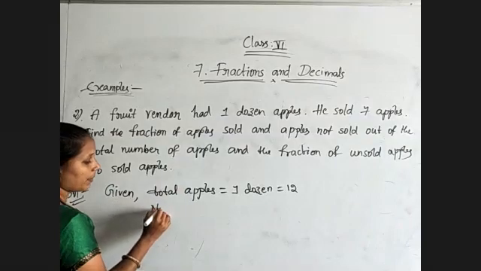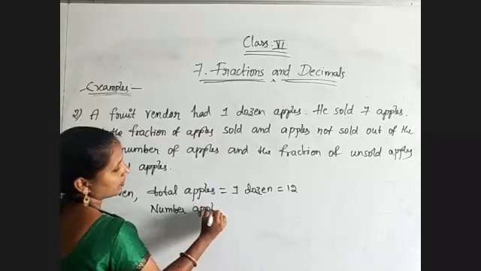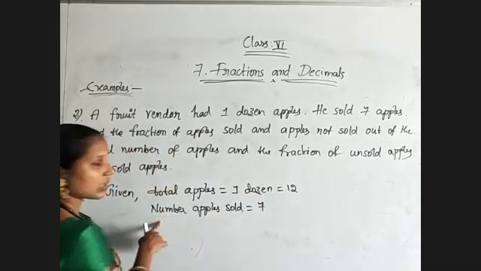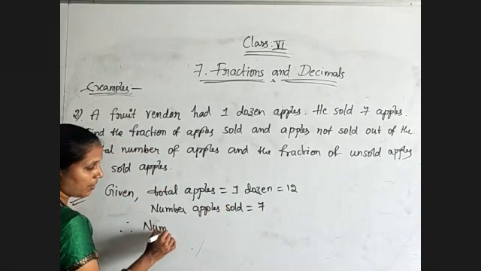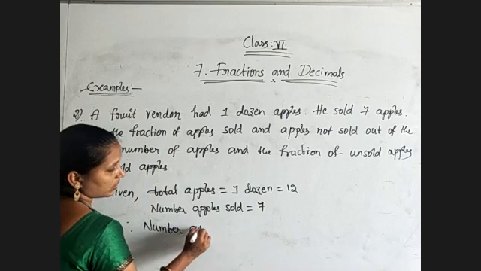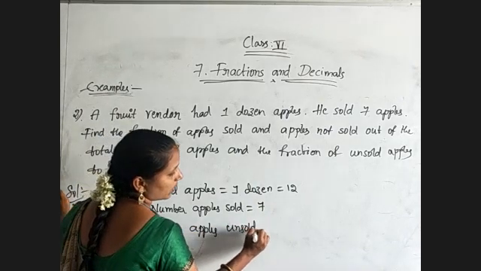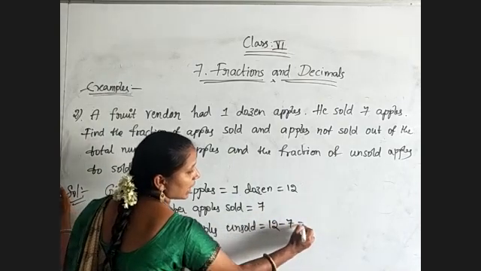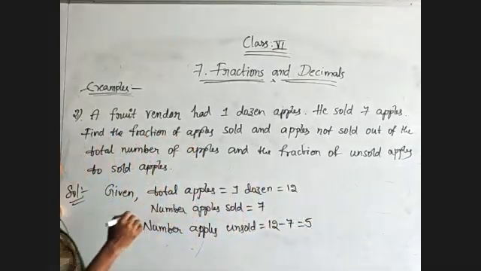So number of apples sold is equal to 7. This is also given in the question only. Therefore, we need to find the number of apples unsold. Out of 12, 7 apples were sold, so the remaining are unsold only. That means 12 minus 7, which is equal to 5 apples were left with him.